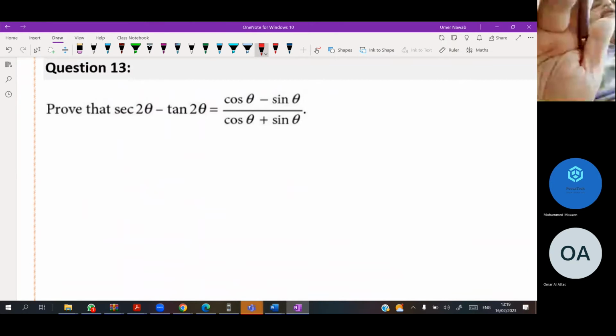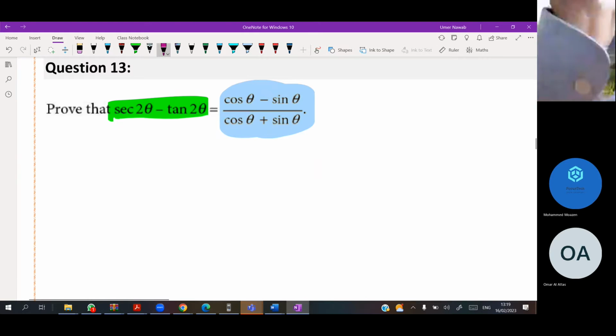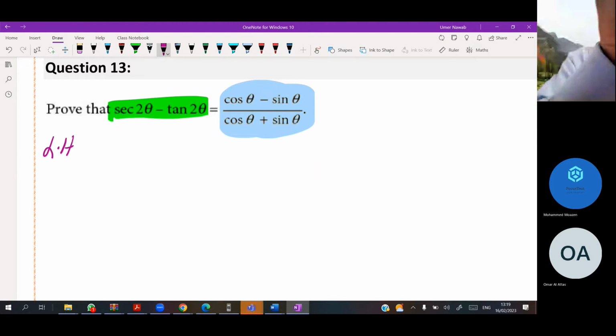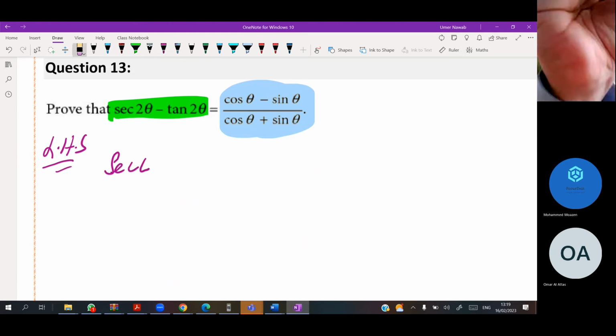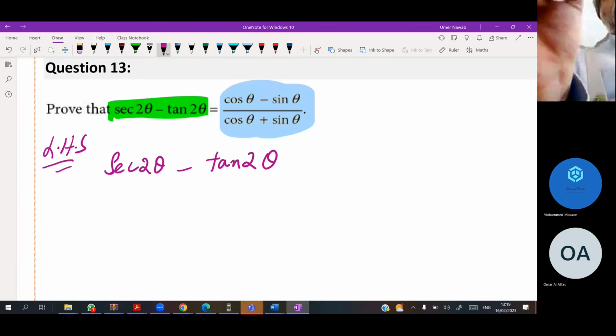After that, question number 13, if you can see, guys, we need to make the left-hand side equal to the right-hand side. We have the left-hand side secant of 2 theta minus tan of 2 theta.